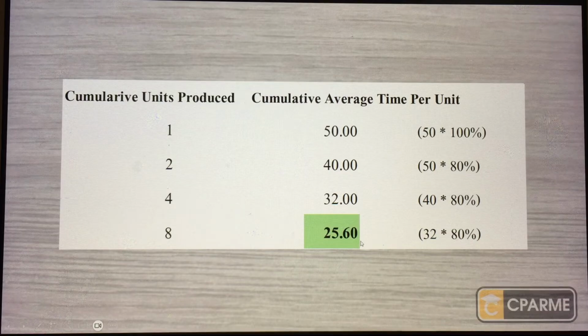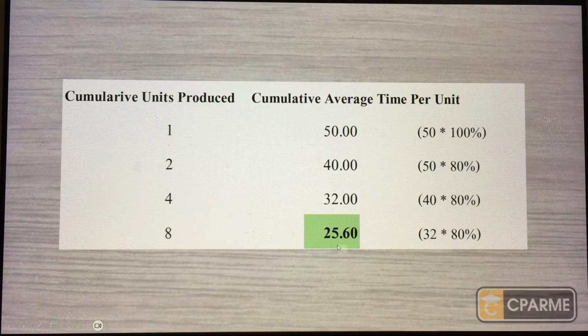But if the question being asked is how many hours are required in producing 8 units, then it's 25.60 times 8. And if there's an additional question on how many hours are required for the additional 7 units, since it's 1 to 8, then it's 8 less 1.